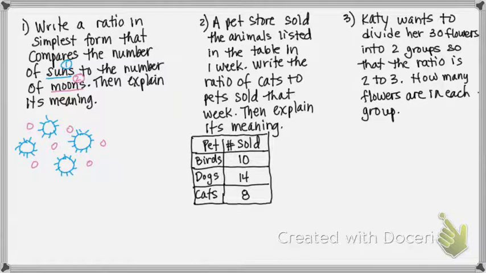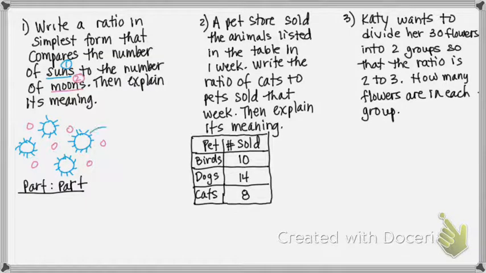Since they're talking about the portion that are suns versus the portion that are moons, this is what we call a part to part. Part of all the numbers compared to the other part of the numbers. So for us, it's going to be the suns.